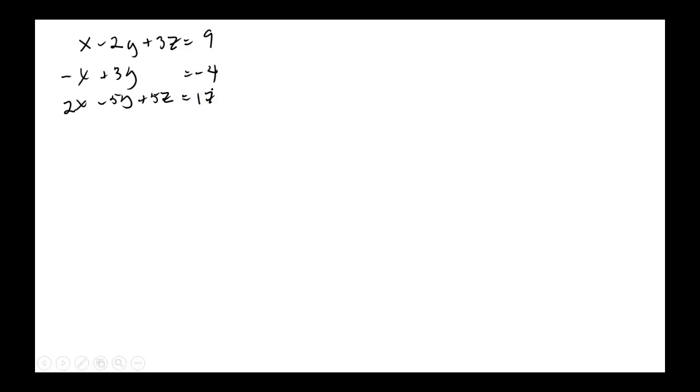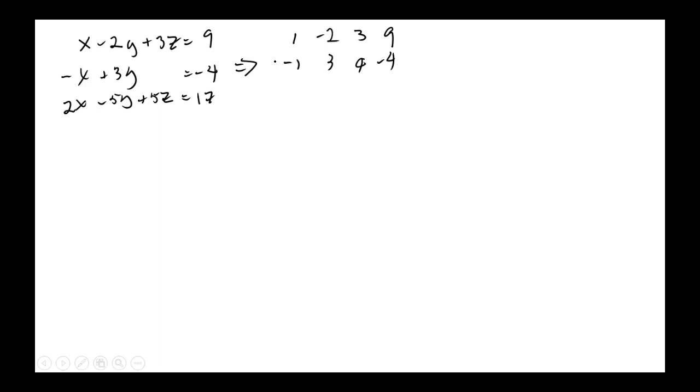Now, we wrote that first as an augmented matrix, which became 1, negative 2, 3, 9, negative 1, 3, 0, negative 4, 2, negative 5, 5, 17. I remember doing this now.